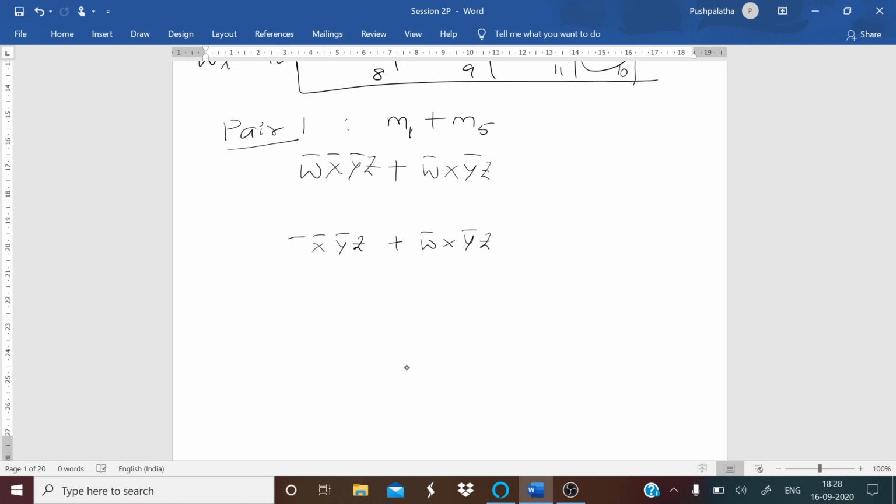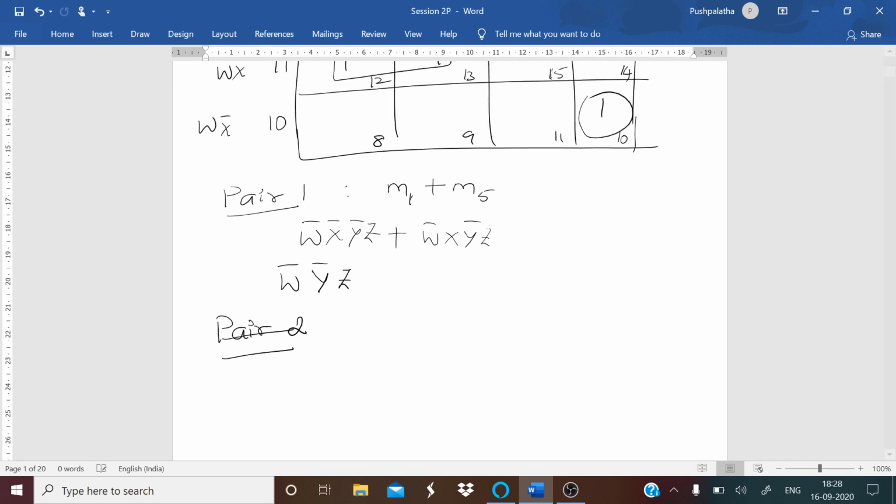So which are the terms which you have once again over here? Yes, W bar is the same, so write it down. X bar changes its form from one to another, X bar to X, so leave it. Y bar remains the same and Z remains the same. In a pair, only one variable will be left out among the 4 variables. Keep this in mind.